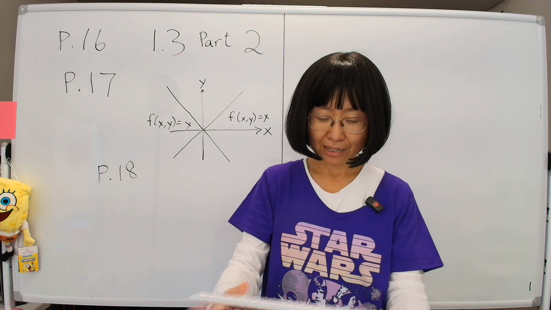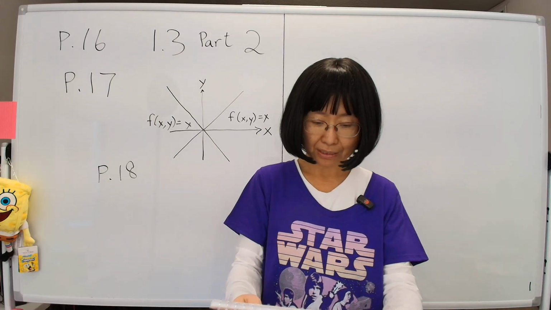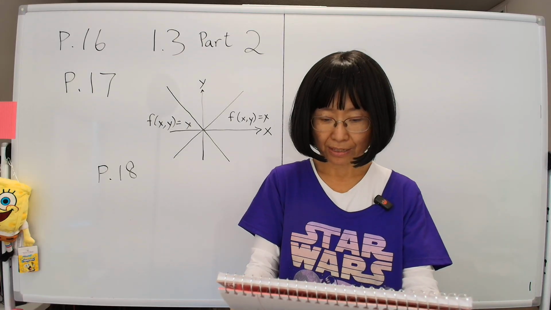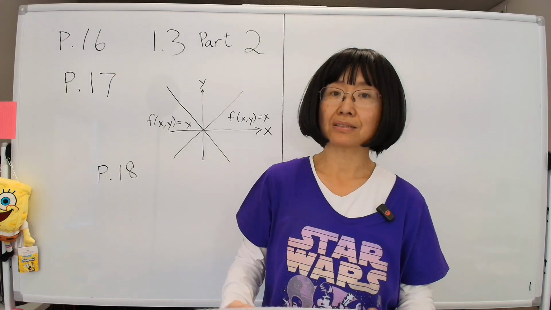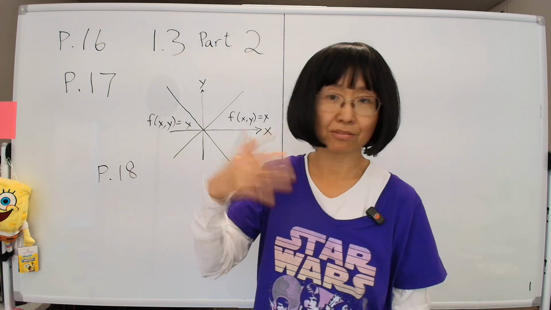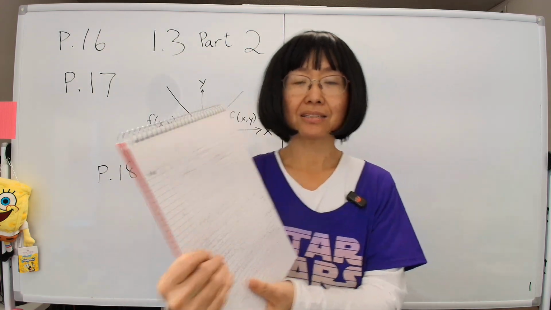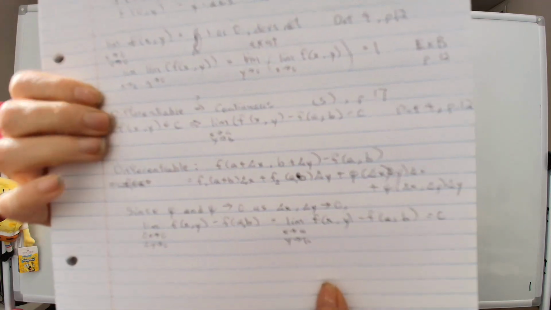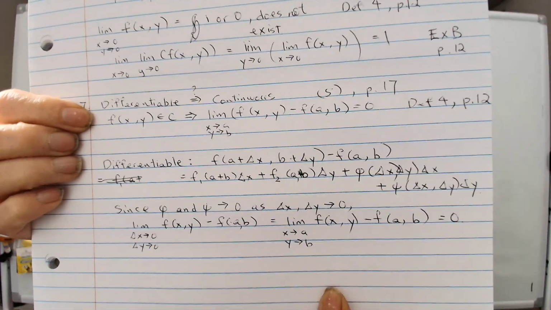Now, let's look at the next problem, where we say that differentiability implies continuity. That is an easy problem to do because, as always, differentiability is the much stronger requirement. Continuity is nothing in comparison. So the implication is theoretically easy to do. In practice, the book even gave us a hint.